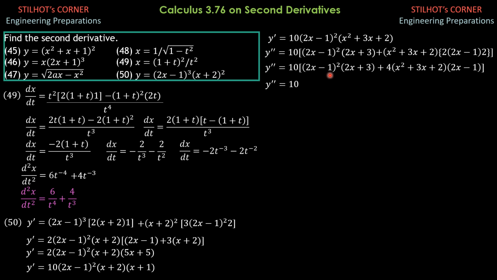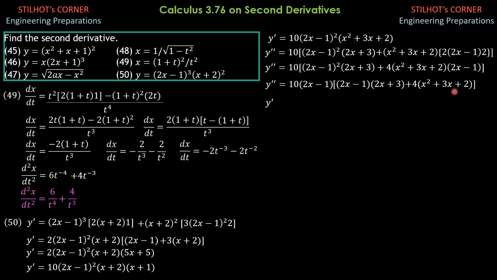So y double prime equals 10 times 2x minus 1, common, then quantity 2x minus 1 and 2x plus 3 in the first term. In the second term is 4 times quantity x squared plus 3x plus 2, or simply 4 times quantity x squared plus 3x plus 2.